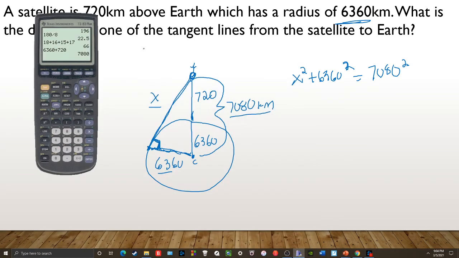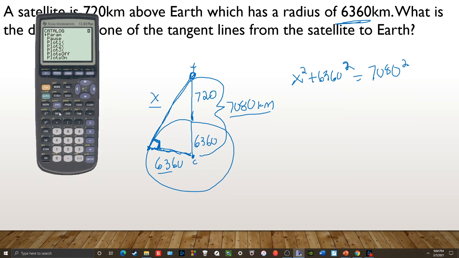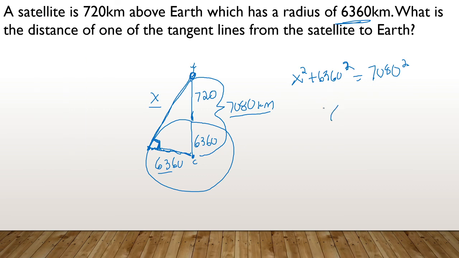So just to run this through here, that's the square root of 7,080 squared minus 6,360 squared, and we end up getting an x value of 3,110 kilometers, roughly, again rounding.